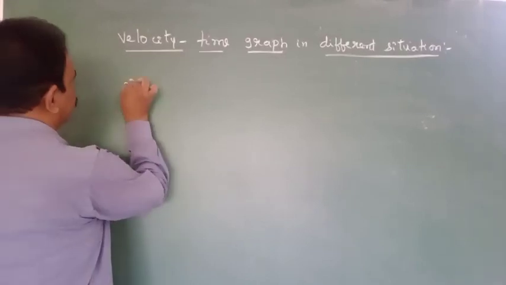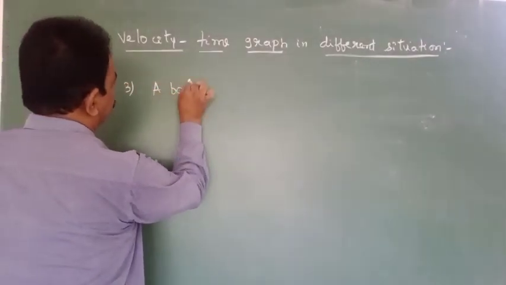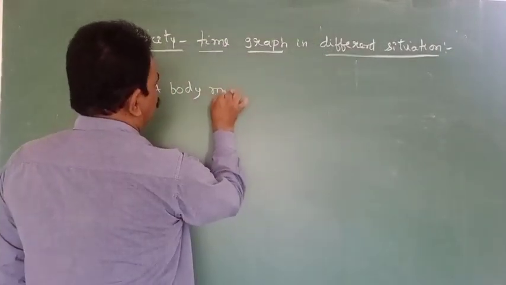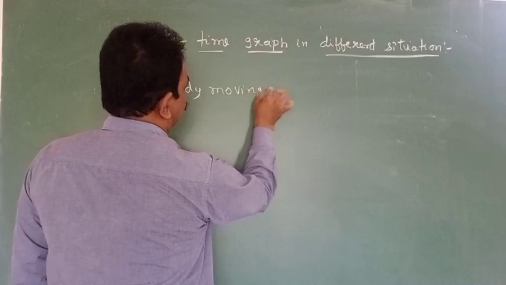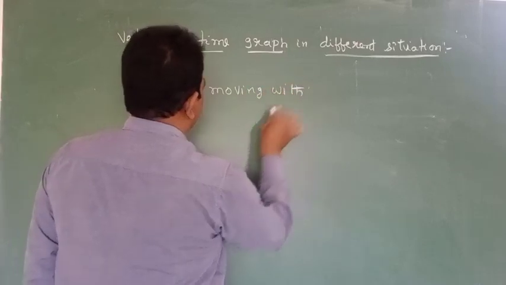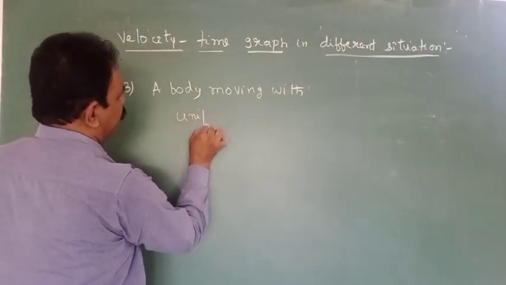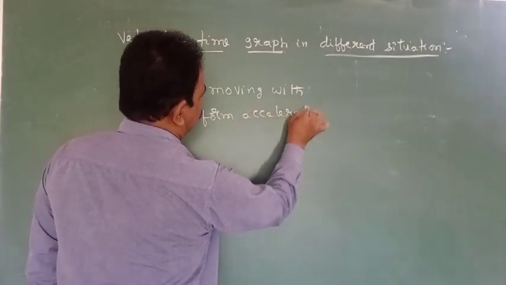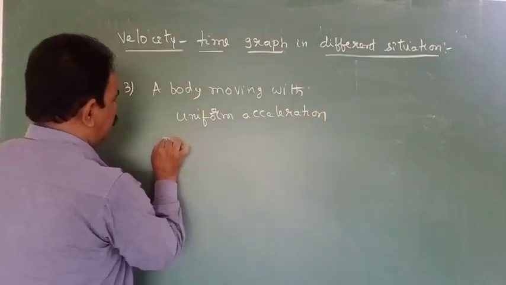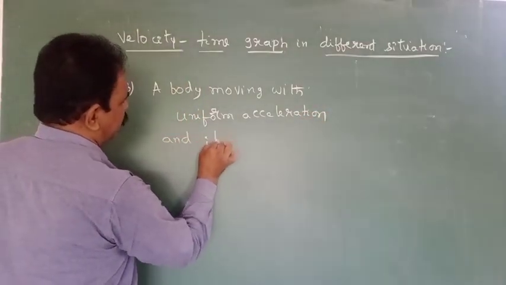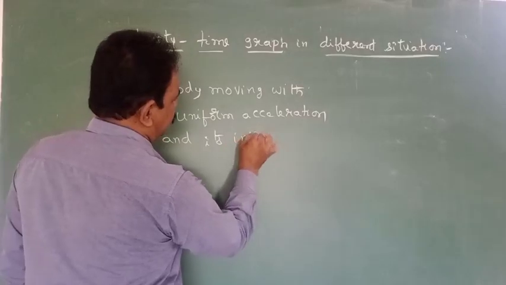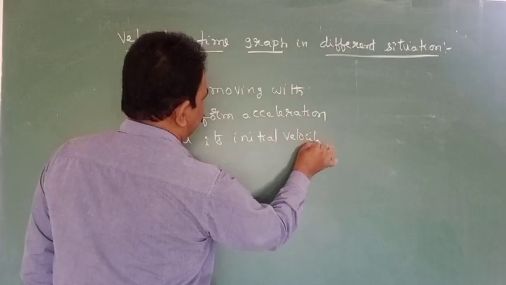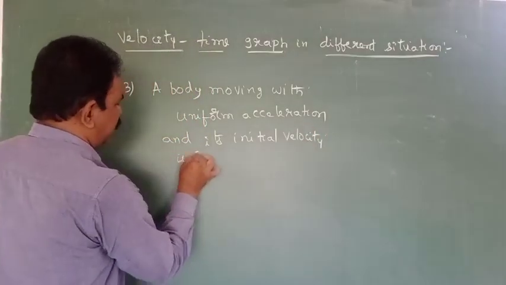Third one, a body moving with uniform acceleration and its initial velocity is 0.